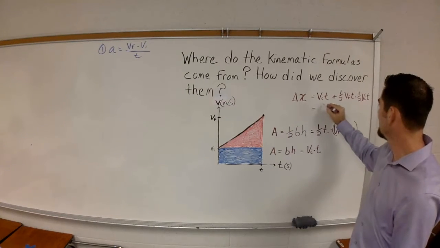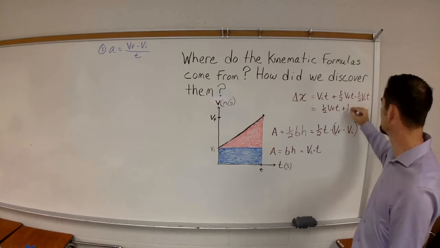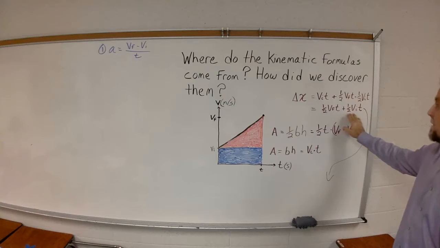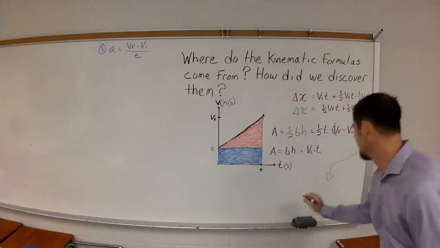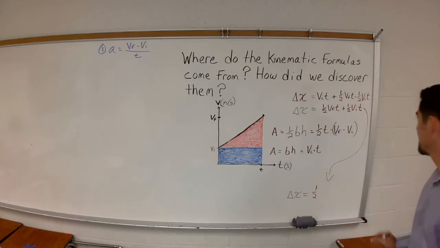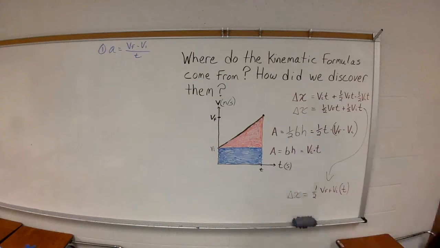So now we've got 1/2 final velocity times time plus 1/2 initial velocity times time. We can rewrite this equation. We can factor out the 1/2 and the t to give us delta x is equal to 1/2 times final velocity plus initial velocity times time.